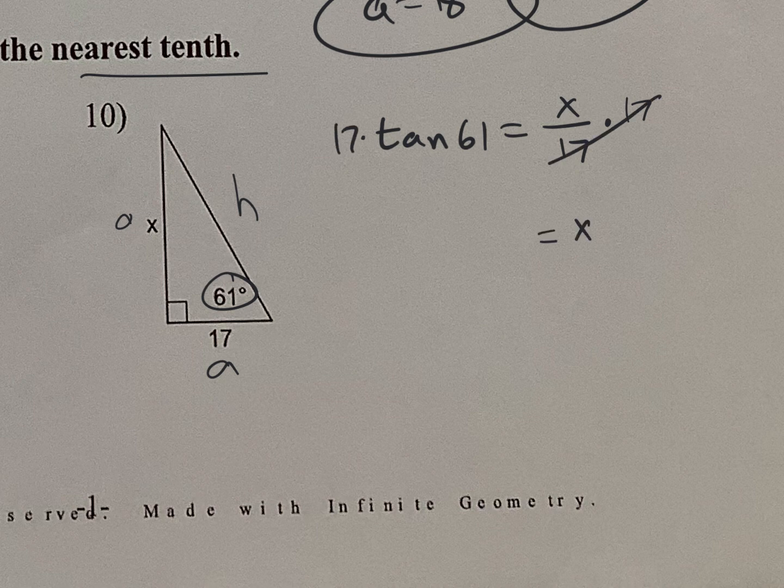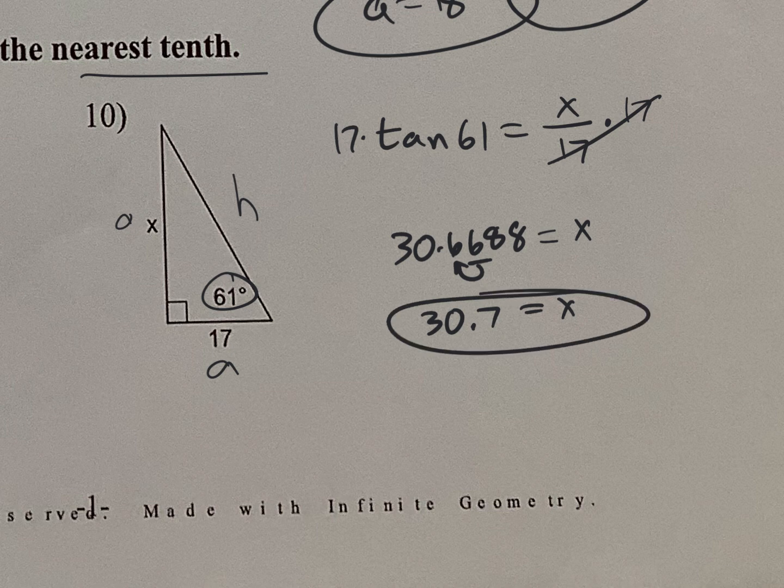So x is equal to 17 times the tangent of 61. And we are going to round the side lengths again to the nearest tenth, 30.6688. So we get 30.7. So everybody should be getting the exact same answers on your test.